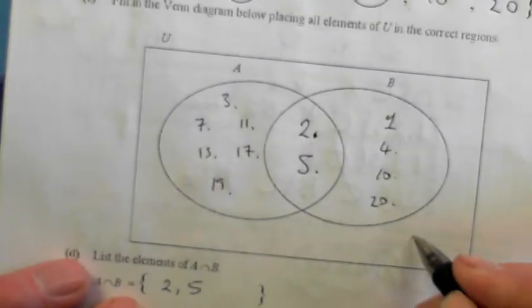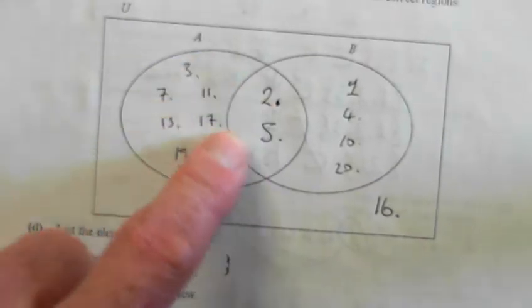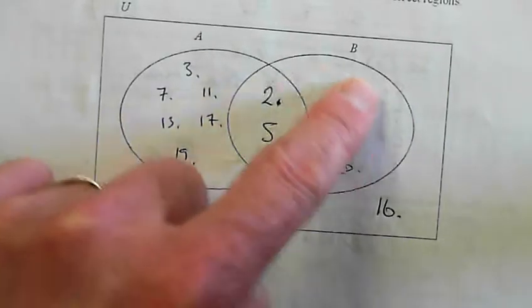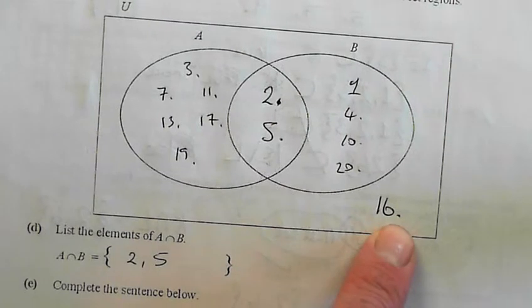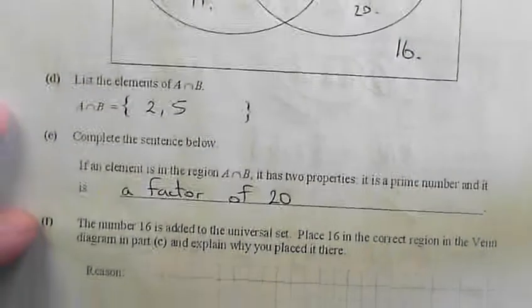No. So it doesn't belong to A, because it's not a prime number, and it doesn't belong to B. So you put it outside of both sets. Remember, these are prime numbers. These are factors of 20. So 16 has to go outside. There's nothing in common with either of those.